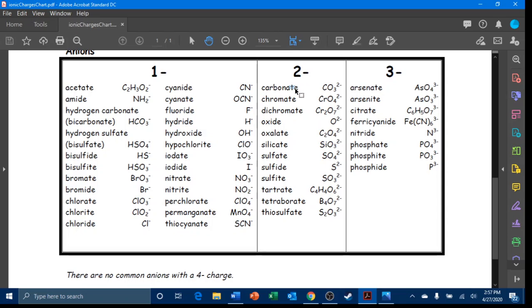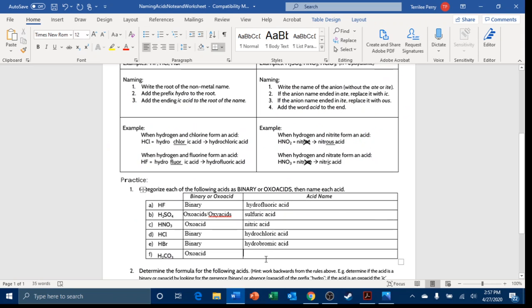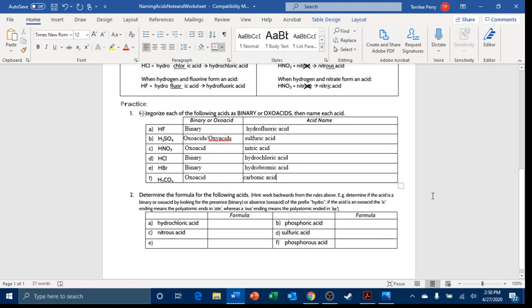So we know that it is carbon, but ate goes to ic right here. So it's going to be carbonic acid. Now I know those are a little bit of a stretch. We just have to practice them a little bit.